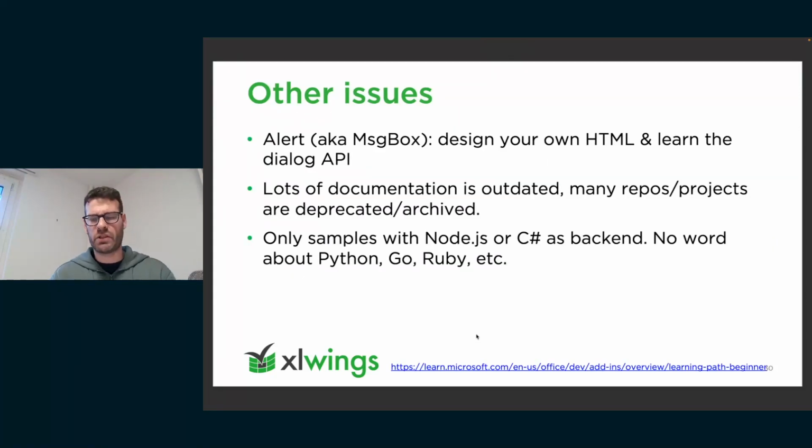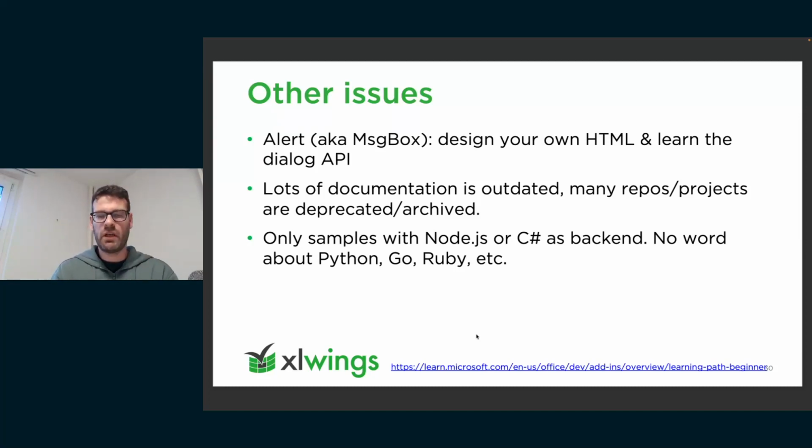But there's a couple of other issues with Office.js, and why I would assume it has struggled to gain a lot of momentum, even though it's been out for 10 years. One of the things is, in VBA you do a message box, or in standard JavaScript you do alert, and you write a few words, and that just pops up in the user's face.